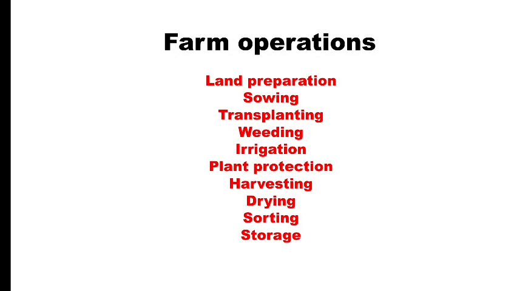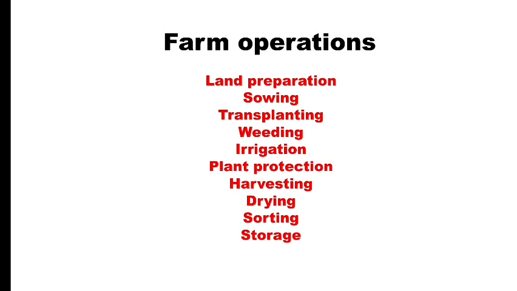In land preparation, we use MB plow, disc plow, harrows, cultivator, rotavator and many more equipments. In sowing, seed drill. In transplanting, transplanters or planters. In weeding, weeders. Irrigation has various engines, pumps, drippers, sprinklers, etc. In plant protection, sprayer, duster and fogger are used.